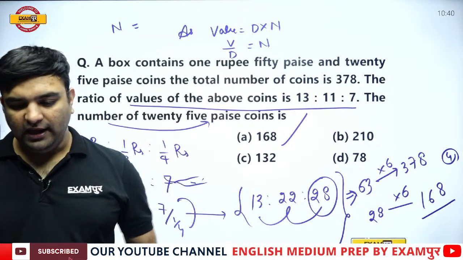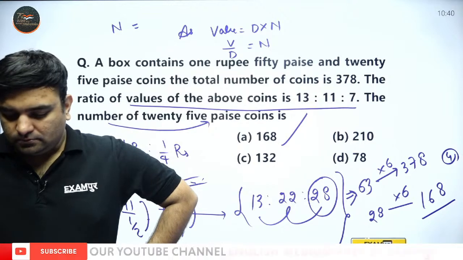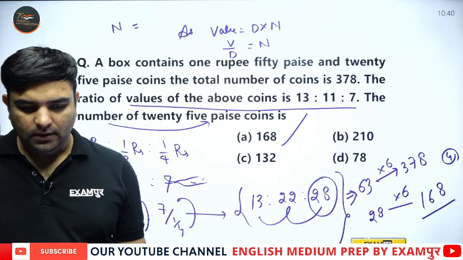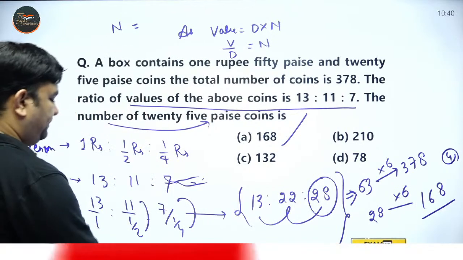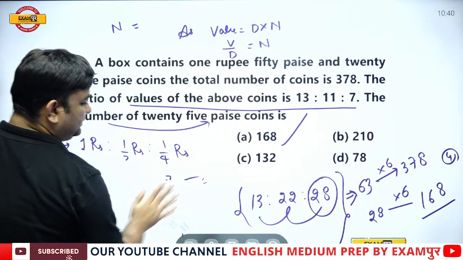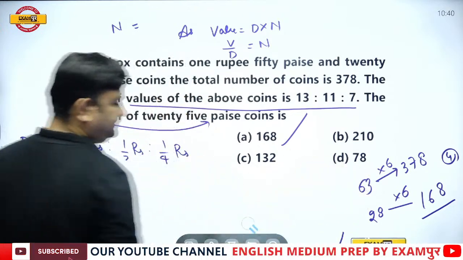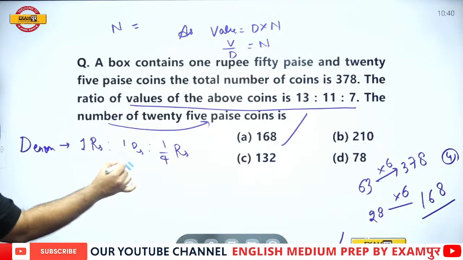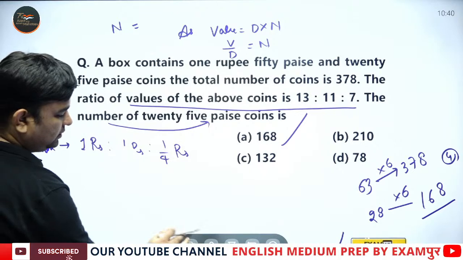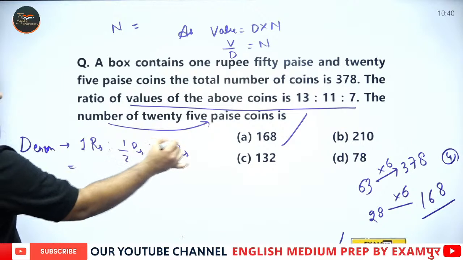You know there is another way of doing it as well, but that is cool. If you want to make it a bit shorter, you can take out the denomination ratio in the very beginning by multiplying by 4.